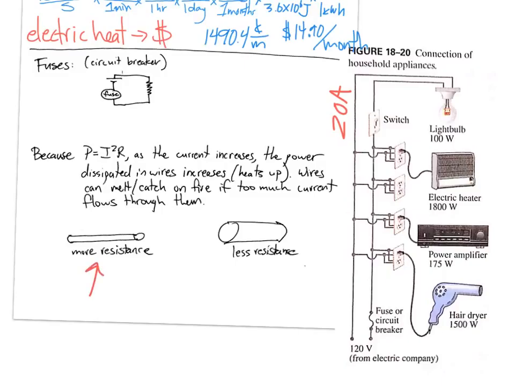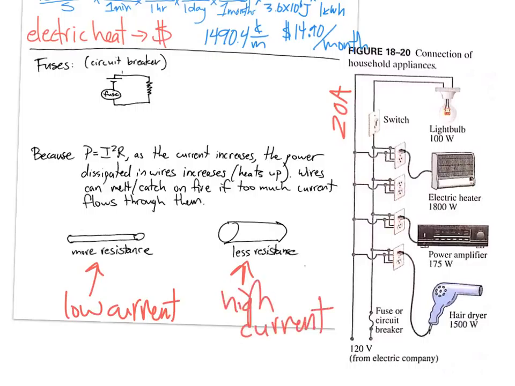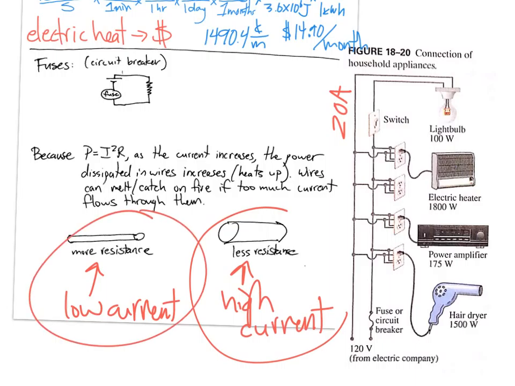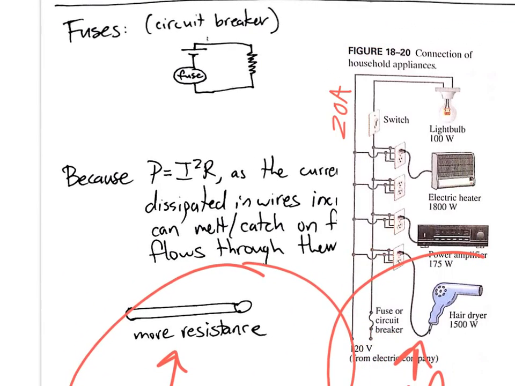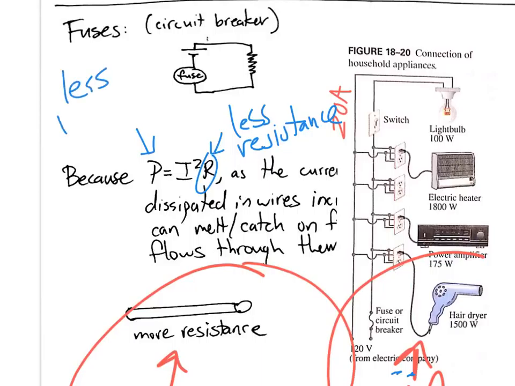So what do we know? Skinny wires would be appropriate for low current, and big wires would be appropriate for high current. Let's take a look at why. If we have less resistance, then for the same amount of current there is less power dissipated, so less power dissipated as heat.